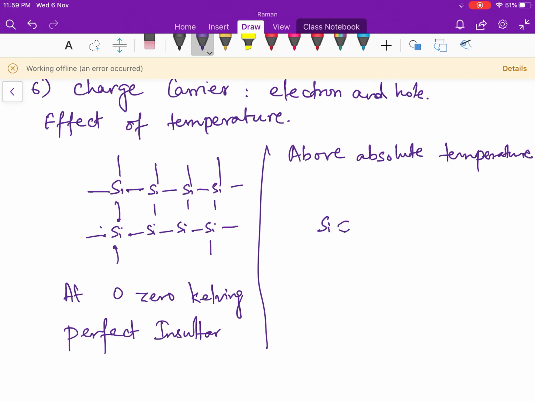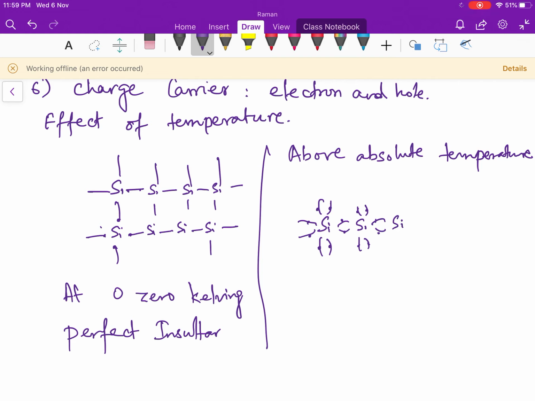So we can draw like this: 1 electron is here, 1 electron is here, again one electron here, one electron here, and so on. This is the electron due to the sharing with the neighboring silicon atoms. So the diagram looks like this.